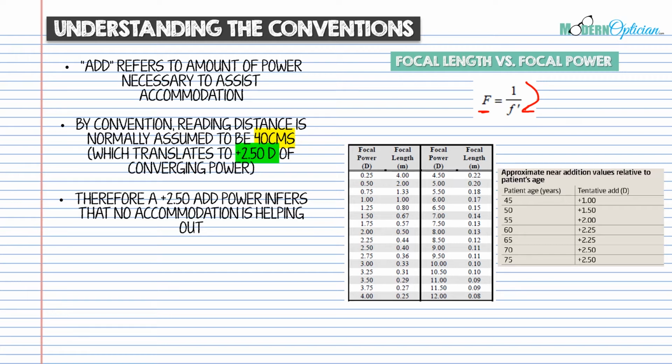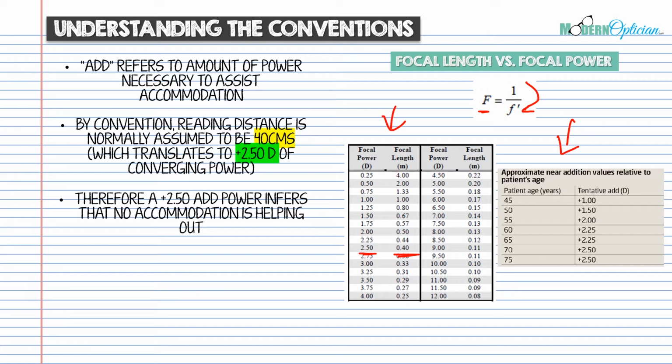And you will see here, this table kind of gives you an understanding of what the different focal powers are appropriate to a particular focal length. You'll notice we just mentioned 2.5 corresponds to 0.4 meters, which is 40 centimeters. And over in this table, we see the approximate near addition values relative to patient's age. This is not set in stone.